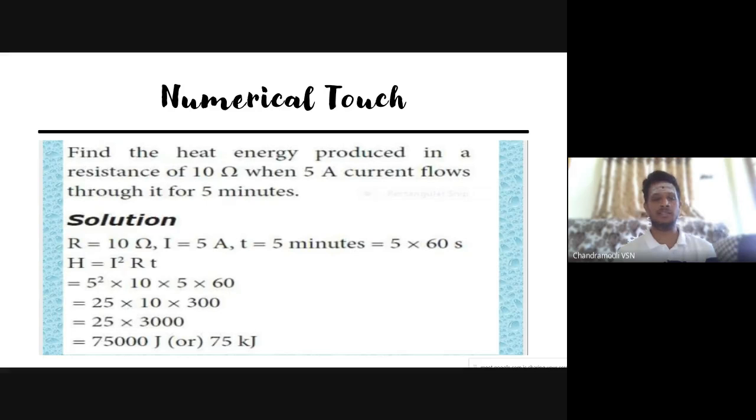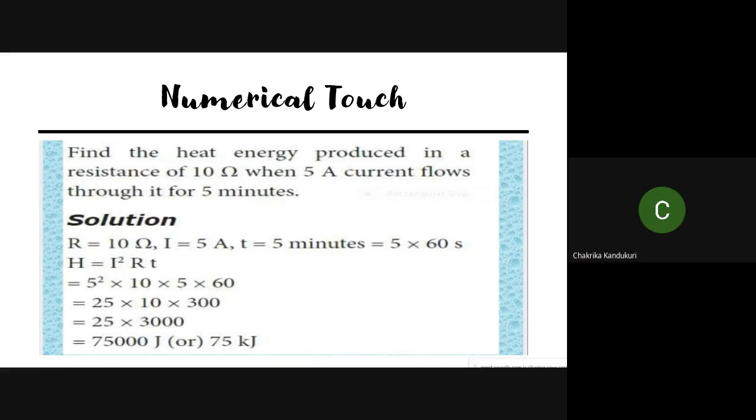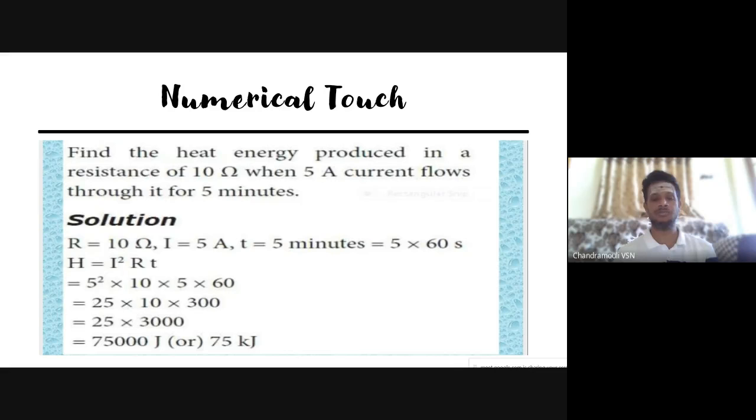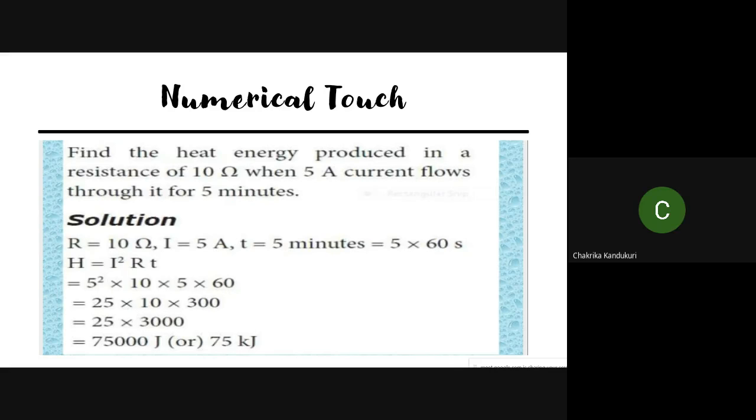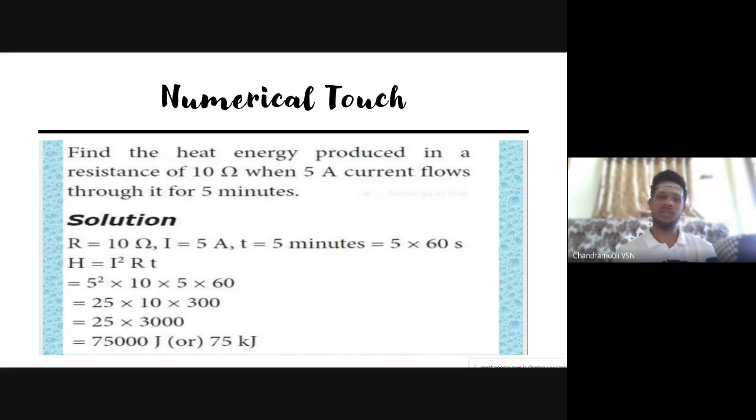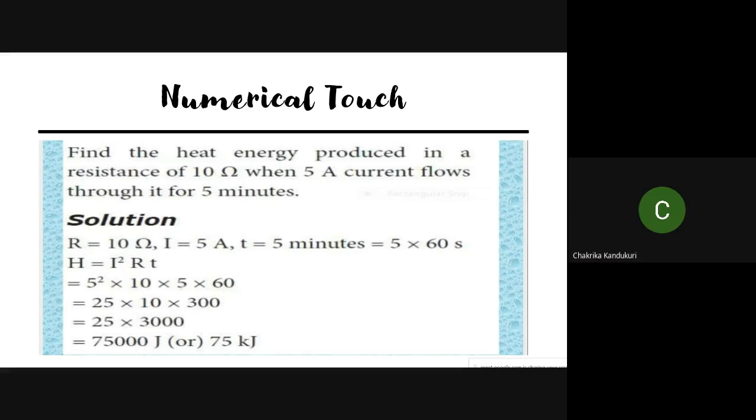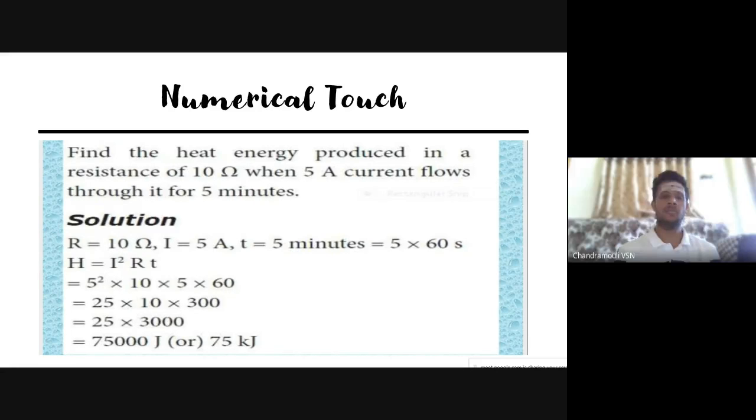Time is 5 minutes, which must be converted into seconds: 5 into 60 gives 300 seconds. So I square RT is 25 into 10 into 300, which gives 75,000 joules, but they wrote it as 75 kJ. What does K represent? Kilojoules. Do you understand how they ask numerical questions on this formula?